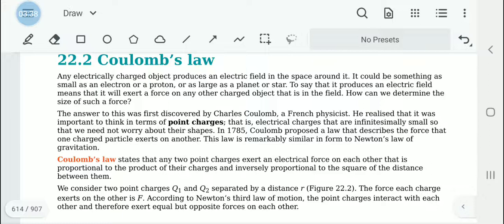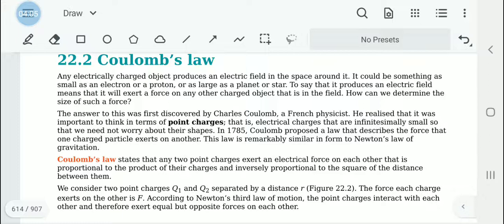So how are we going to figure out the value of these things, and how are we going to understand what these forces are and how they are created, right? So this was the basic question that Charles Coulomb was trying to answer.